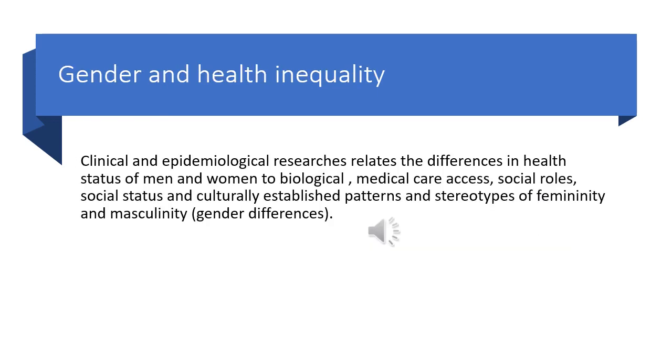What explains the health inequality across gender is that the difference in health status of men and women is related to biological factors, the practices of medical care access, social roles, social status, income, economic level, and the stereotypes of femininity and masculinity. So these are the proposed reasons for the health inequality due to gender.